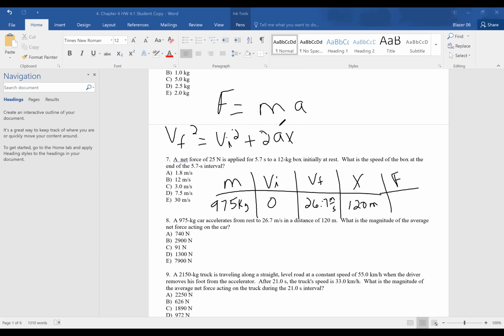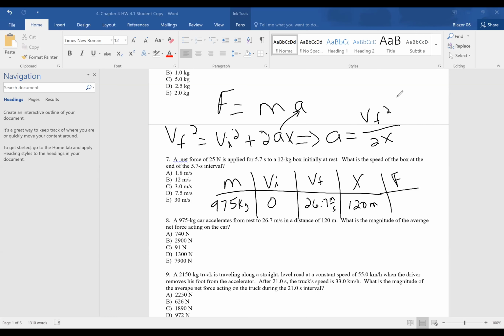And this is the A that I need. And of course, this implies that A is V final squared minus V initial squared, but that's 0, let's ignore that, over 2x.